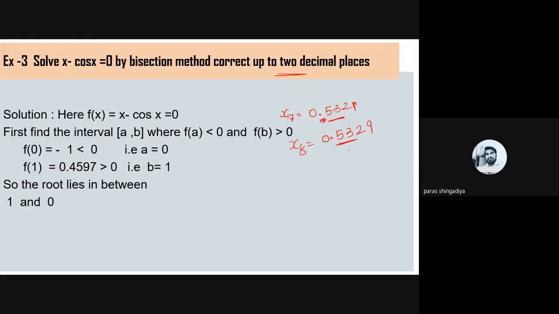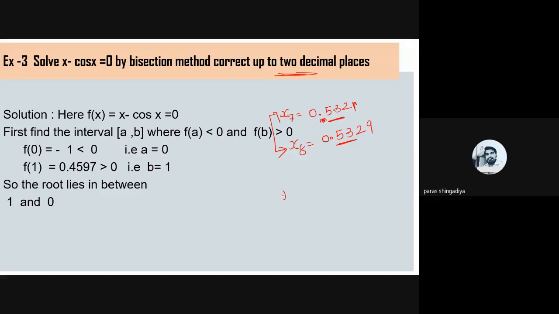Here we cannot consider the number of iterations, whether the answer comes after the 7th iteration, the 8th iteration, and so on. It depends on the procedure. You have to apply the procedure one by one, x1, x2, x3, x4, x5. And in this table, observe that two nearest iterations should match, based on the given data, means two decimal places.